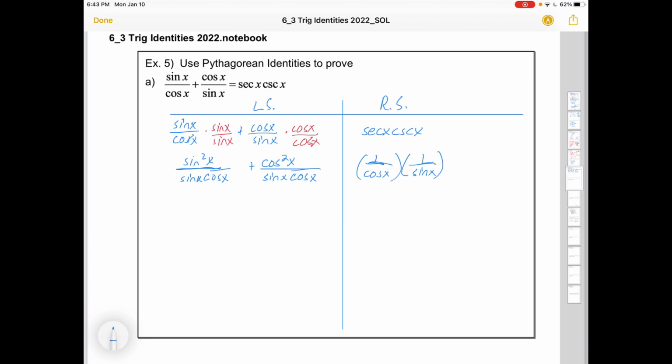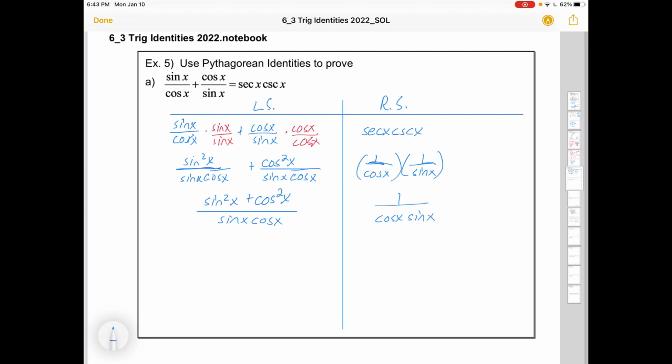Let's see what I'm getting over here. On the left, I would have sine squared x plus cos squared x on top, all over sine x cos x. And on the right, if I multiply that through, I'll have cos x by sine x.